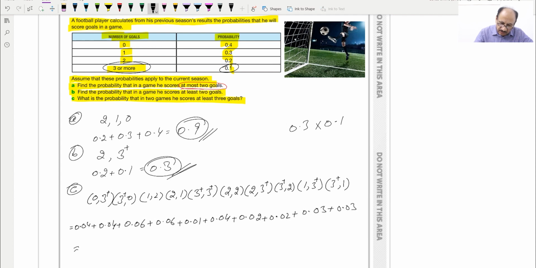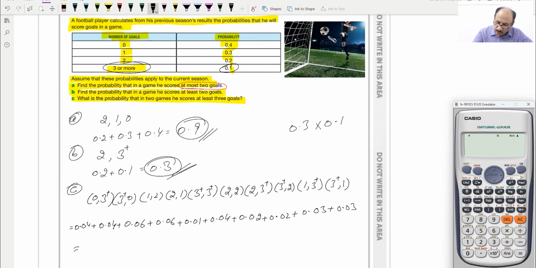And now we can add these probabilities, 0.04 plus again 0.04 plus 0.06 plus 0.06, and then plus 0.01, plus 0.04 plus 0.02 plus again 0.02 plus 0.03 and plus 0.03, and it results in 0.35.